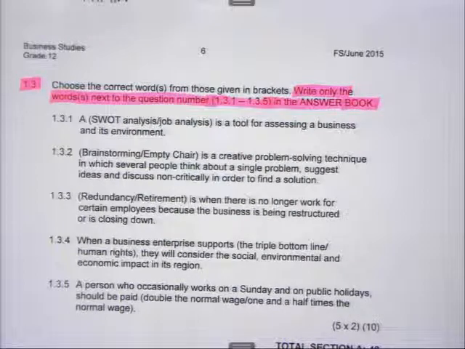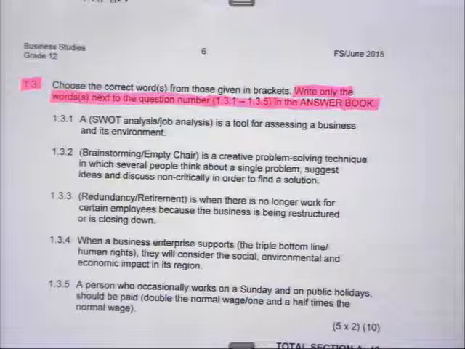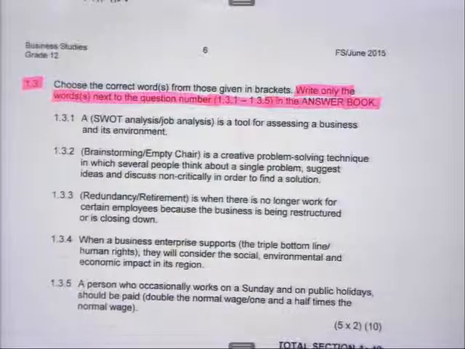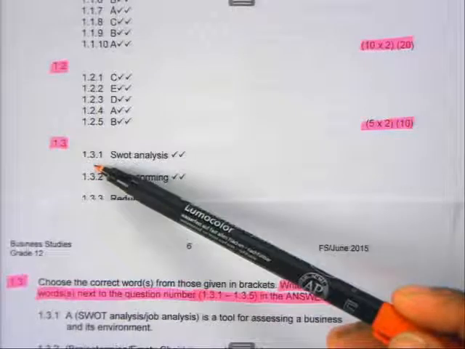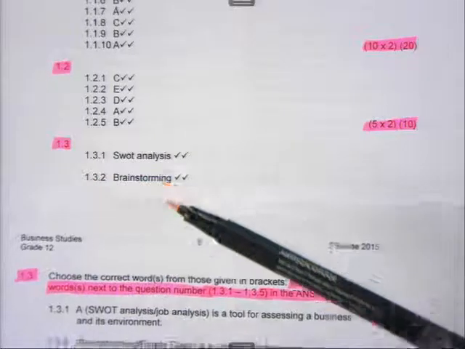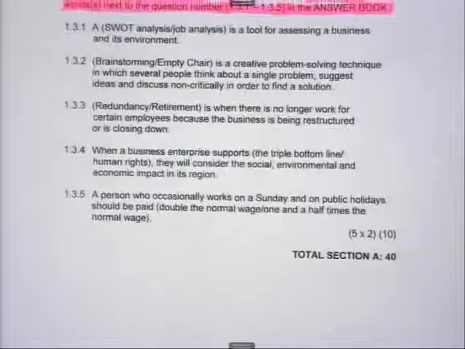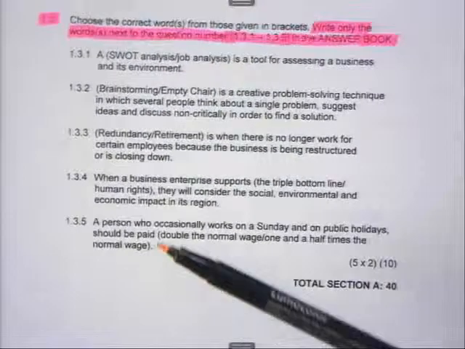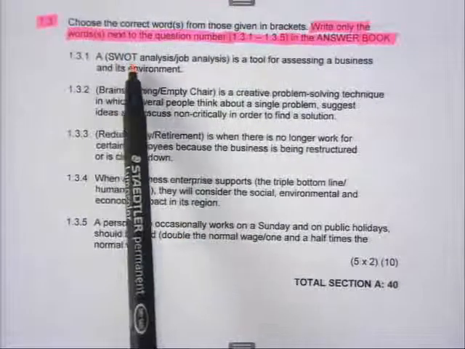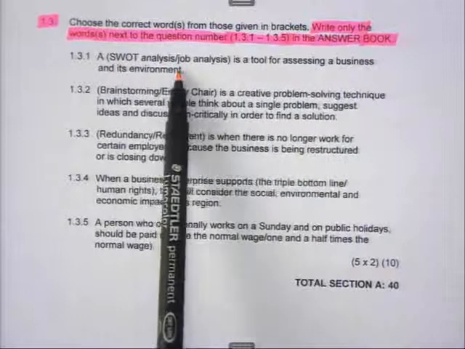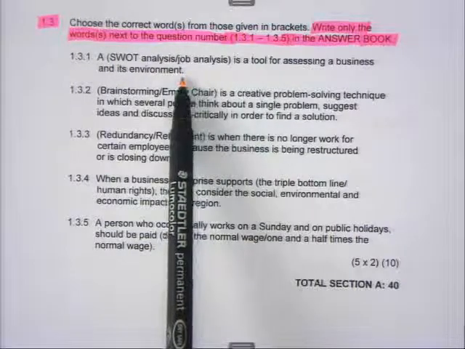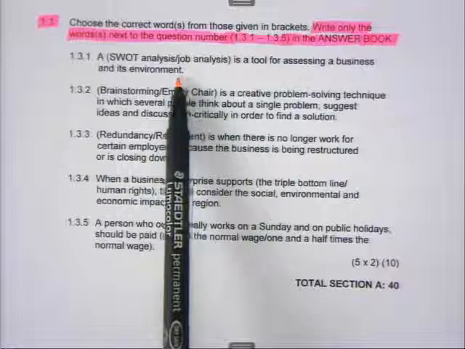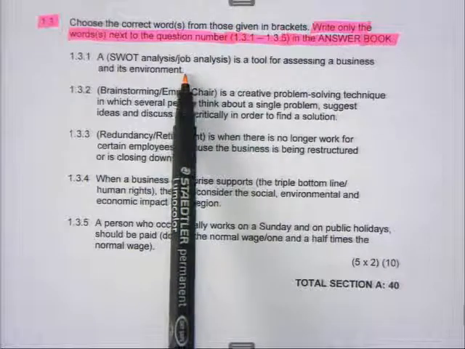For example, if according to you the correct answer for 1.3.1 is, let's say, SWOT analysis, you write only 1.3.1 SWOT analysis. If the candidate decided to write everything down there as it is, that candidate should be penalized. Failure to adhere to instructions. Very, very important.